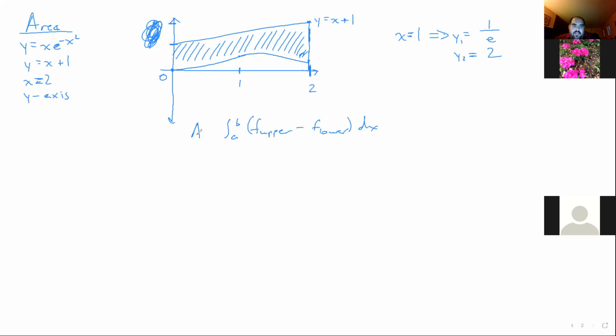What are my limits of integration? 0 to 2. I'm using x as my independent variable, so I need x limits on my integral. The upper function is x plus 1. The lower function is x times e to the negative x squared dx.